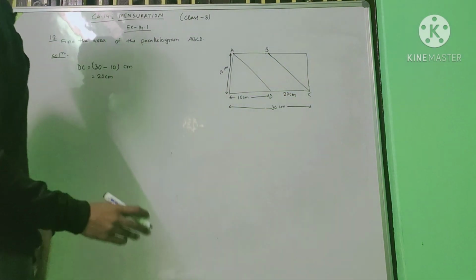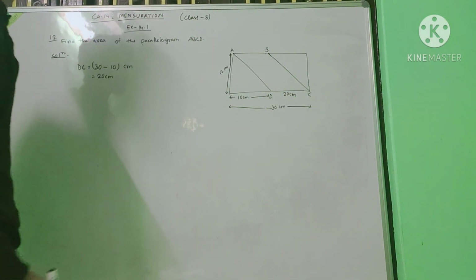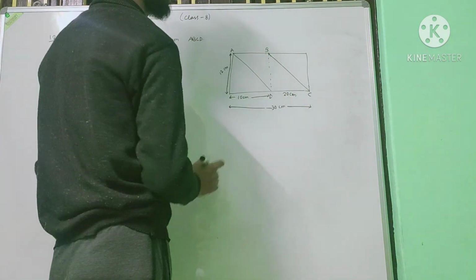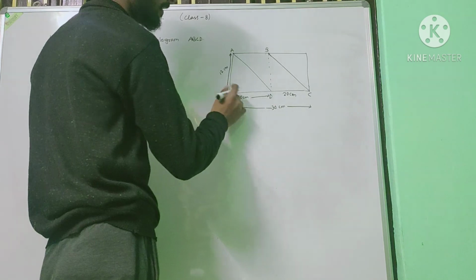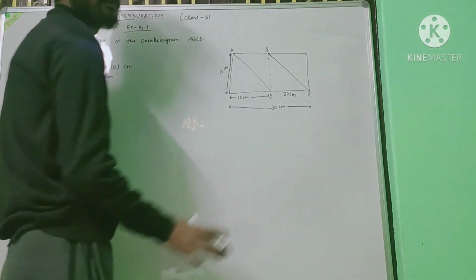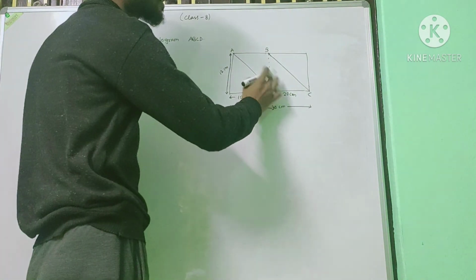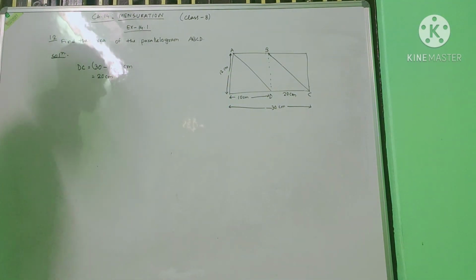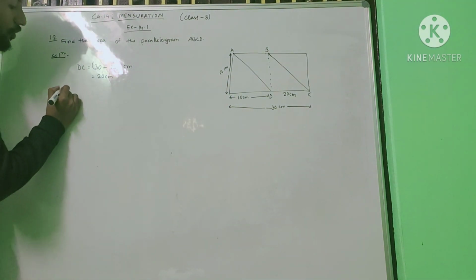Now what do we have to find out? We have to find out the perpendicular line. From here there is a perpendicular line. If we draw from here, all the perpendicular lines are the same. That means we can take this as the height.